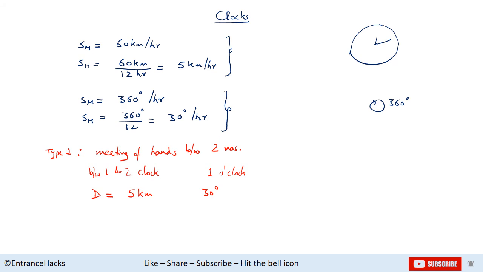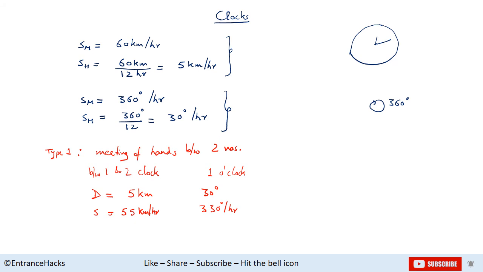And relative speed is 60 minus 5, so it is 55 kilometers per hour, and in terms of degrees it is 360 minus 30, that is 330 degrees per hour, right? So this is the relative speed, this is the distance.